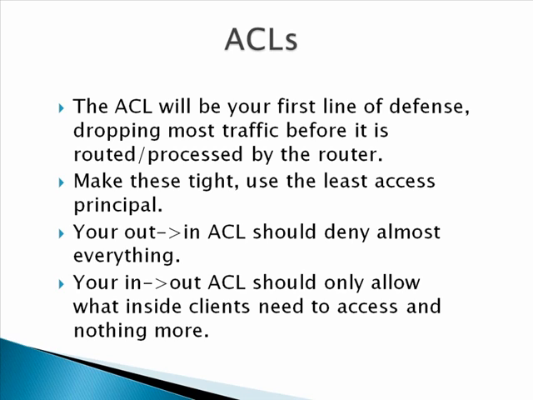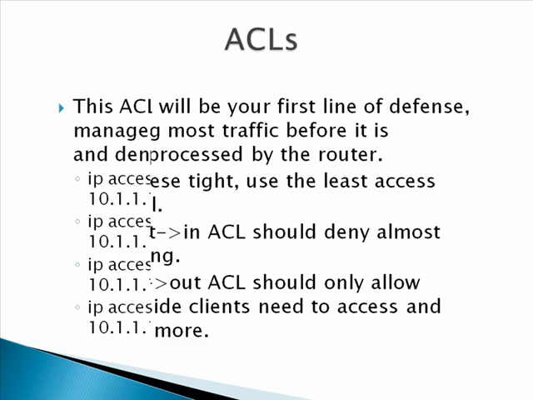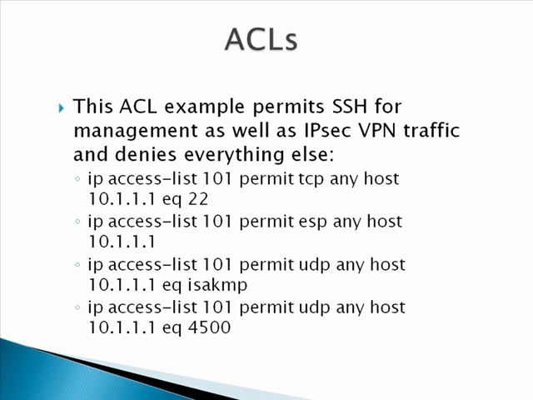So enough ranting about ACLs. Hopefully you guys know how to write an ACL. If you've never seen one, here's an ACL. This example, like it says, permits SSH traffic for management as well as IPsec VPN traffic, and denies everything else.